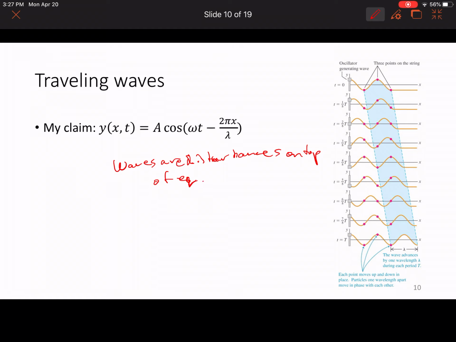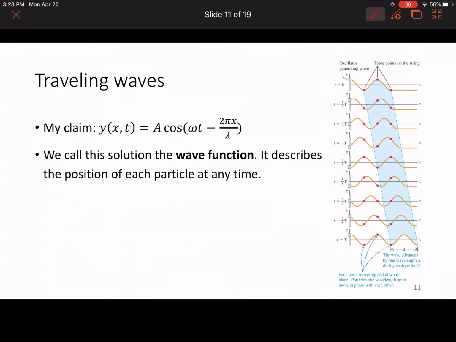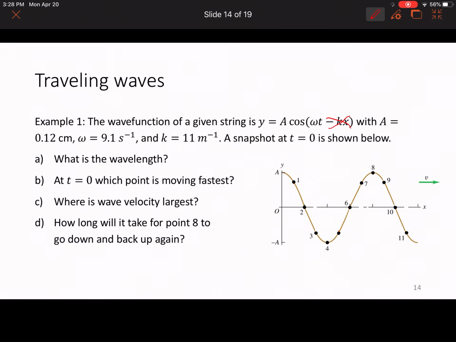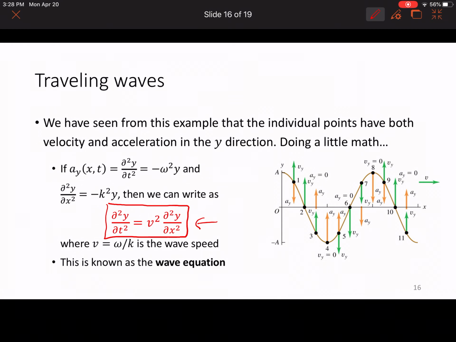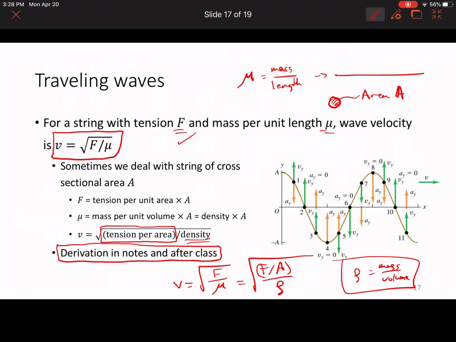We describe them by this formula, y equals A cosine omega t minus k times x. They satisfy the wave equation, which we wrote out, and the velocity is set by physical constants. So for example, on a piece of string, the velocity is set by the physical constants, tension, and mass per unit length, mu. All right, so that's all that I wanted to cover today that will be test eligible.